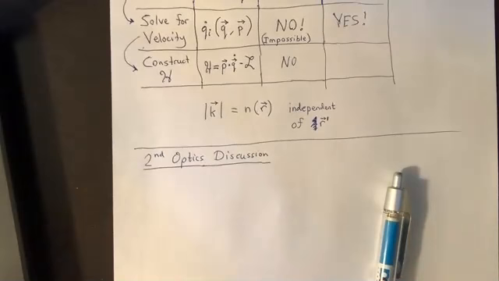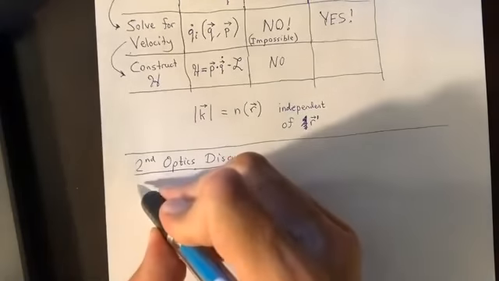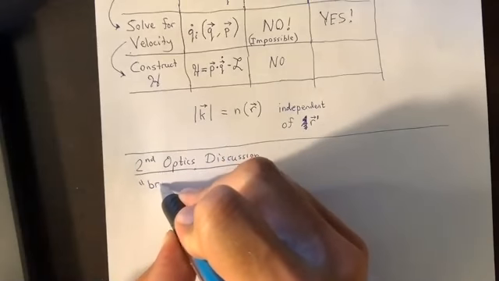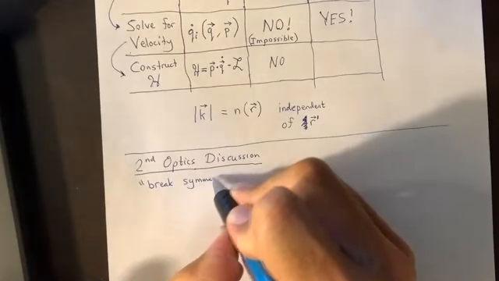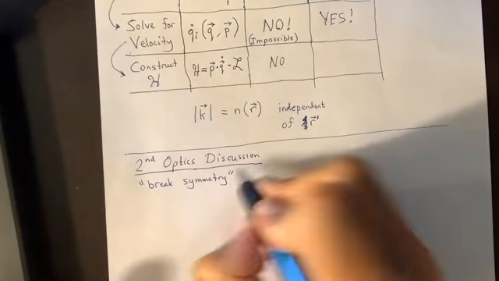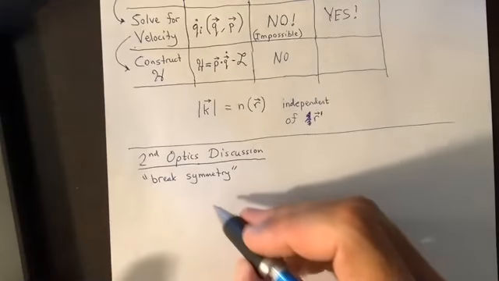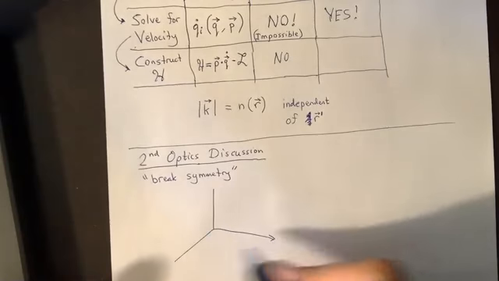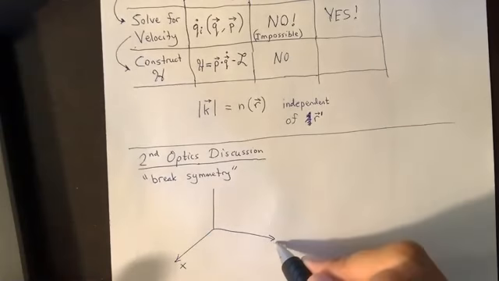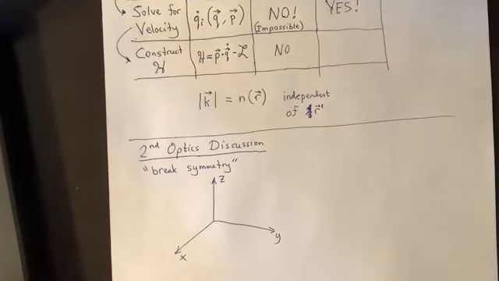Okay, what we're going to do for the second optics discussion, we're going to break the symmetry. And we'll choose z, the z coordinate. All right, so let's draw a picture. Here's our familiar XYZ coordinate system.